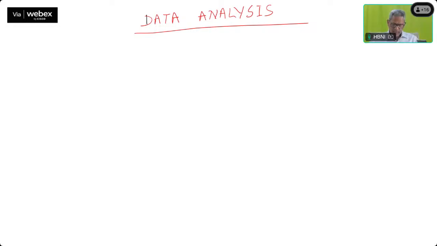So today we are on the fifth step of the research methodology process, that is data analysis. Today we will be learning a few points. First point, why we need statistical analysis.